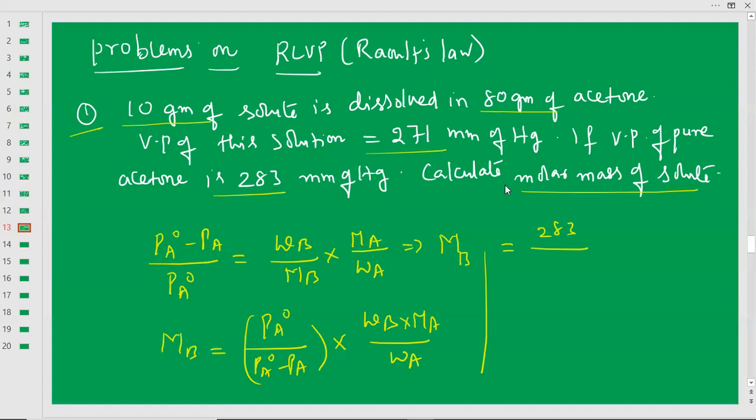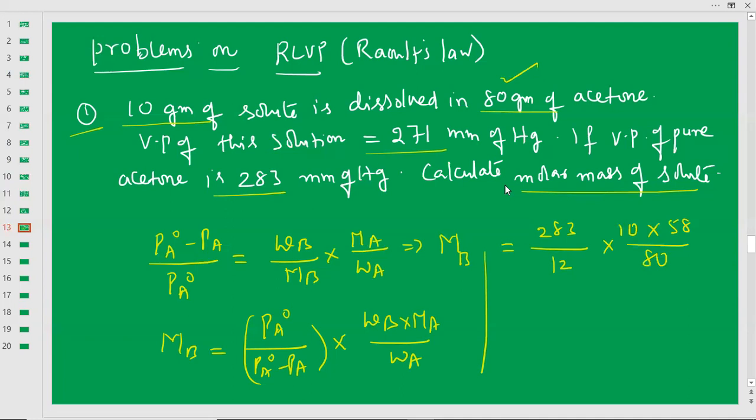How much? You'll get 12, into the weight of the solute given, 10 grams, and the molecular weight of solvent acetone, from the formula we'll get 58, divided by the weight of solvent. The weight of solvent given in the problem is 8.